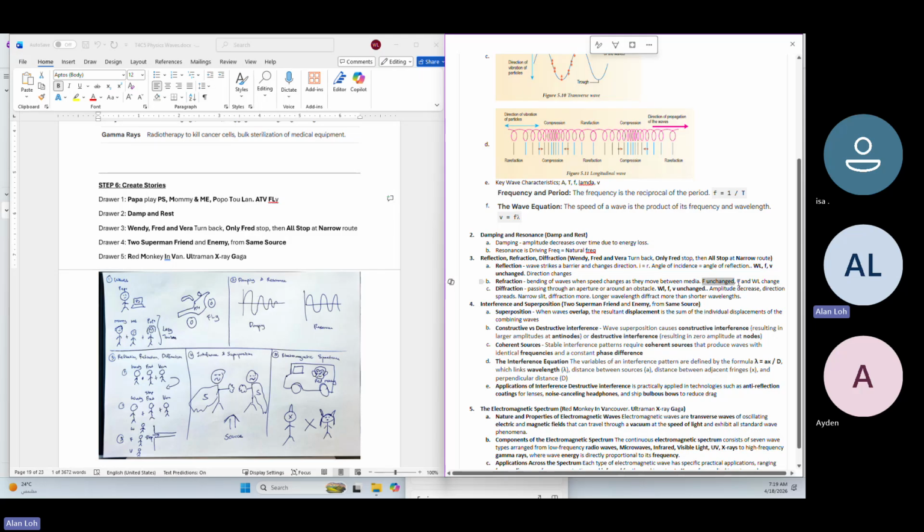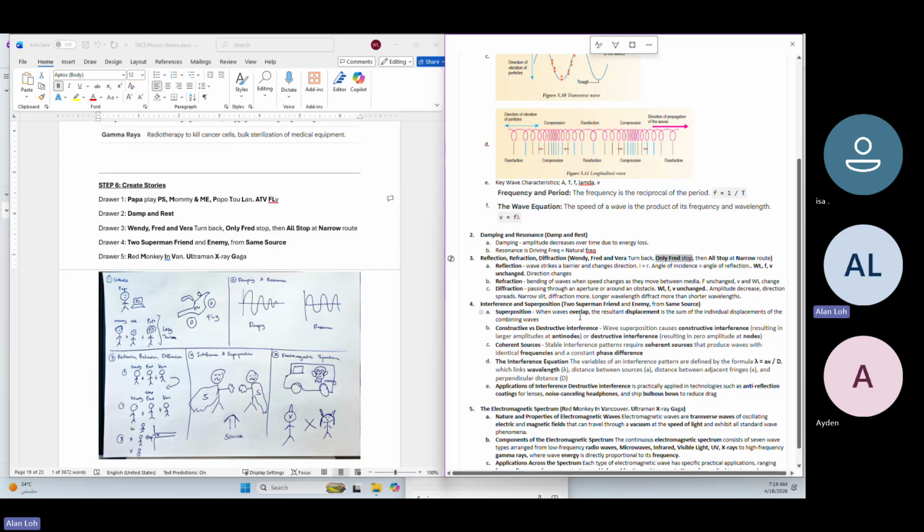Only Wendy and Vera changed. Right. Change means moving. For my story, I did it that way. Okay, unchanged means stop. That's my reason. So you see, this part explains refraction, and it's talking about frequency unchanged during refraction.